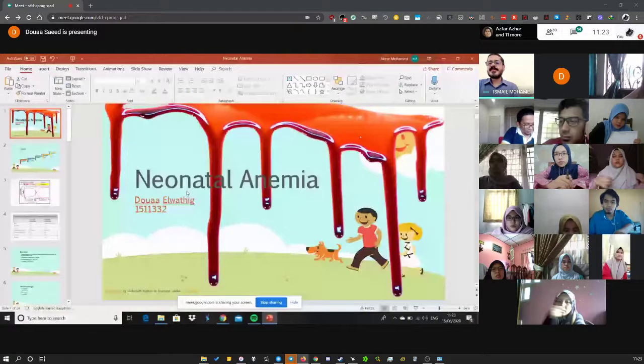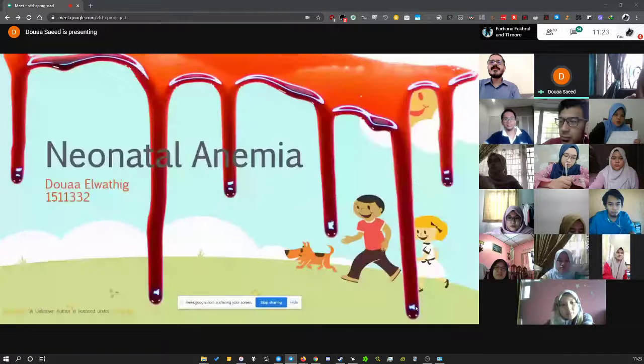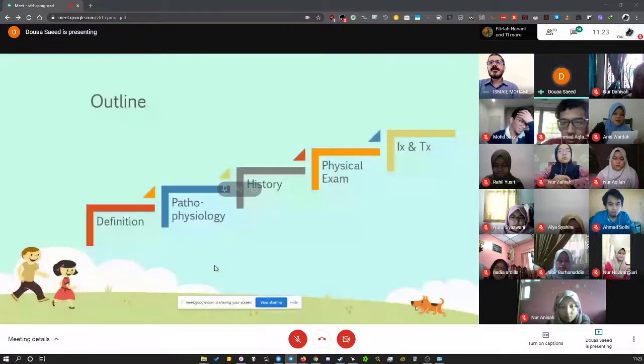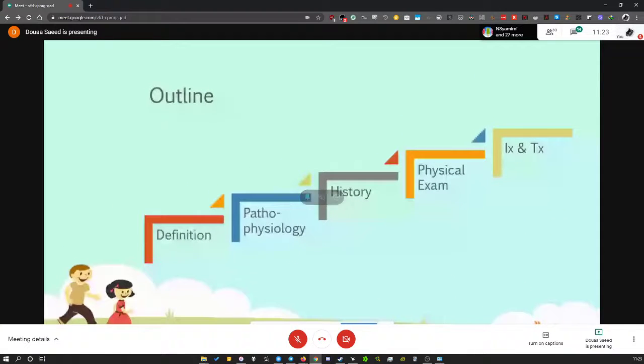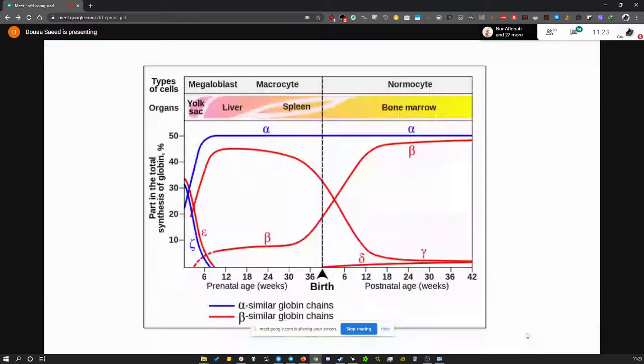Yes. So my topic will be on neonatal anemia. The outline of my presentation will be defining what anemia is, going on to the pathology, and then history taking, physical examination, and then we'll go on to investigations and treatment. This is a graph of hemoglobin.